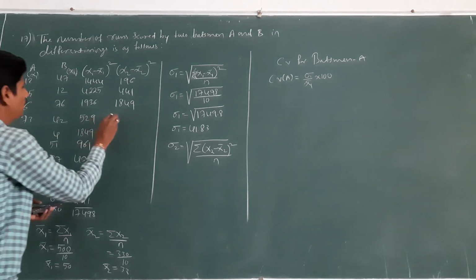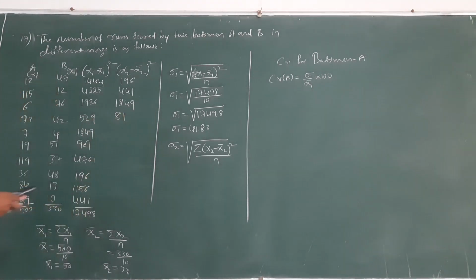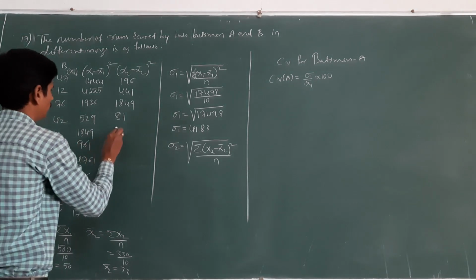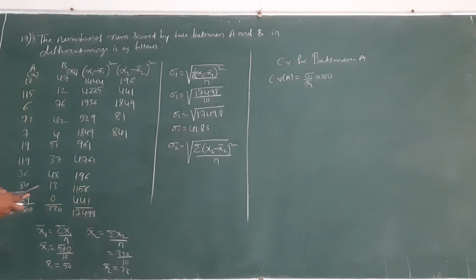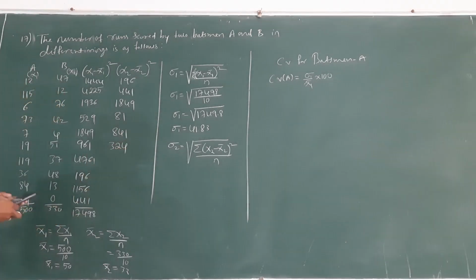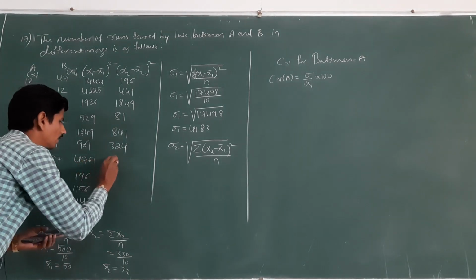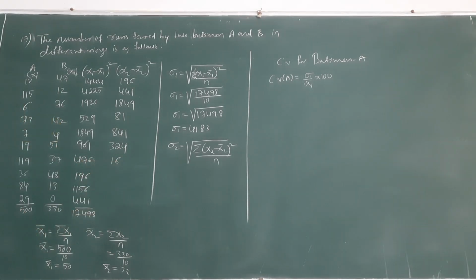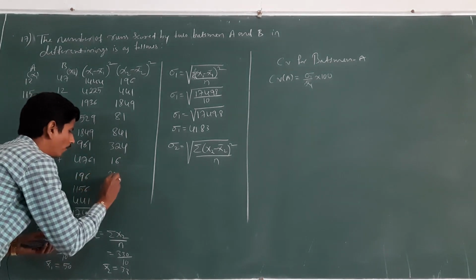9 square is 81. The next 4 minus 33 is minus 29. Its square is 841. The next 51 minus 33 is 18. 18 square is 324. The next 37 minus 33 is 4. 4 square is 16. 48 minus 33 is 15. 15 square is 225.